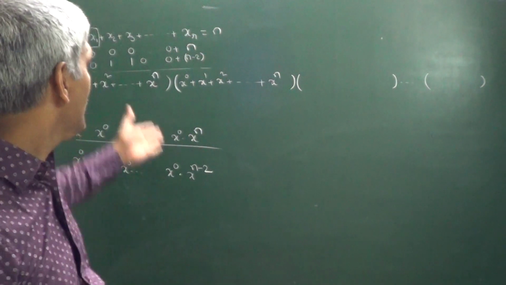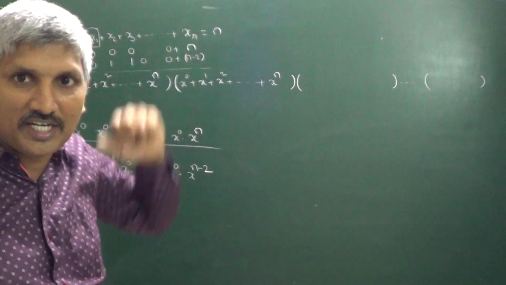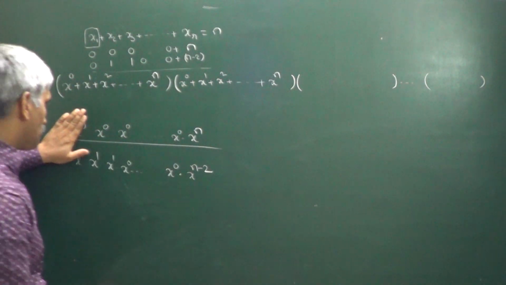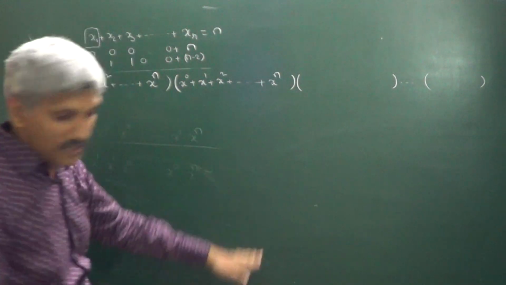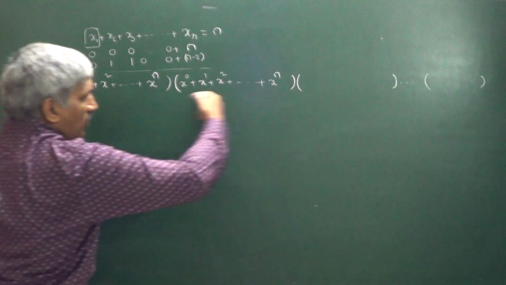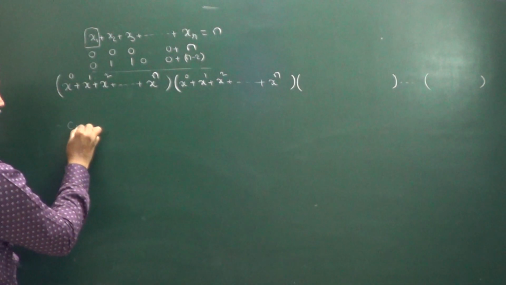That is nothing but the number of terms in the earlier discussion. So that's why we have to find out the coefficient of x to the power of n in this multiplication.